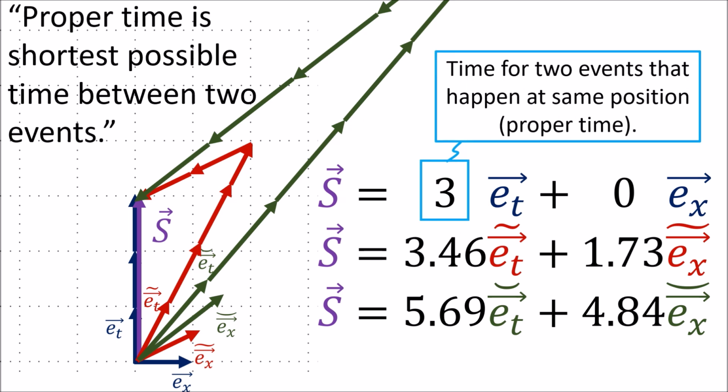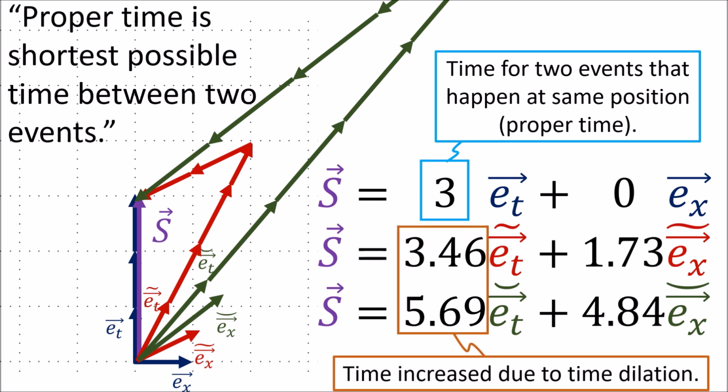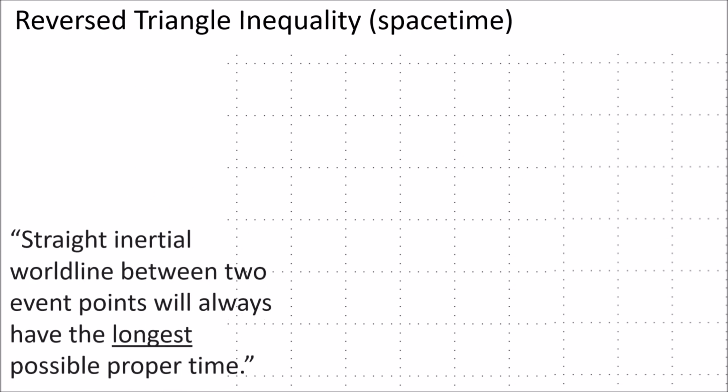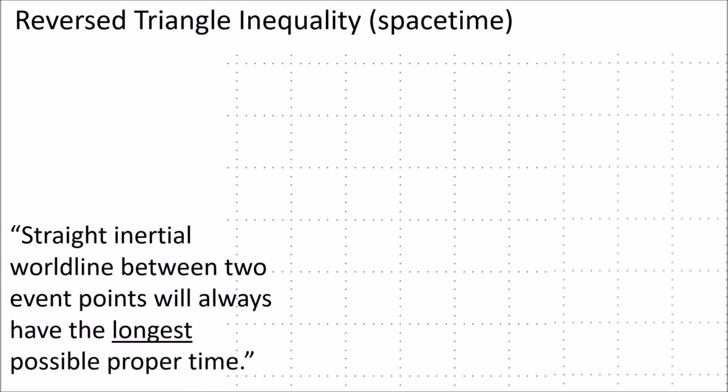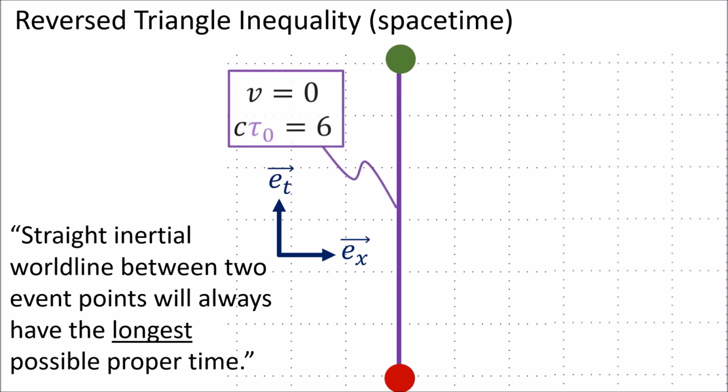All the other reference frames will see this time increased due to time dilation, because they see the clock moving in their frame. And in this video, when I said that a straight inertial world line between two events will always have the longest possible proper time, I was referring to looking at all possible world lines that join these two events.